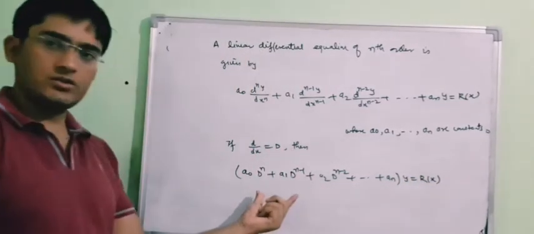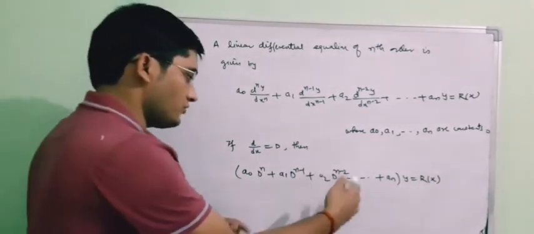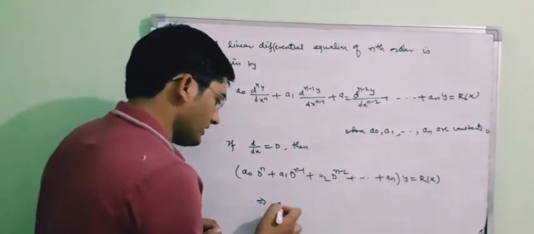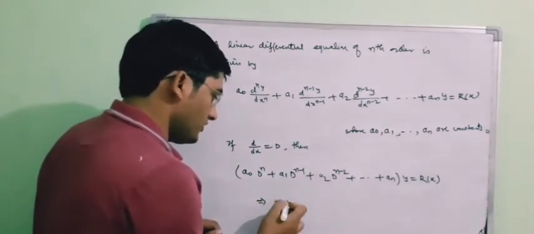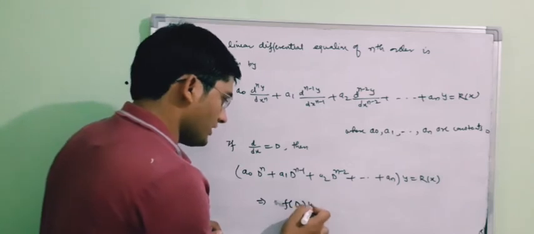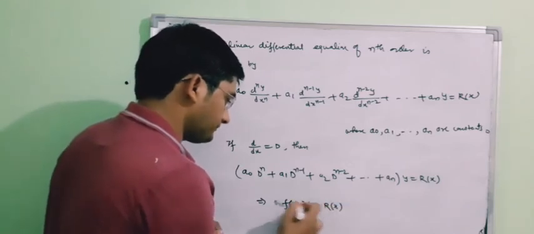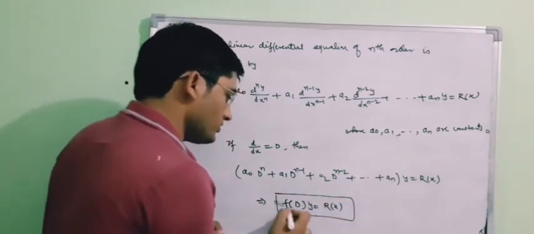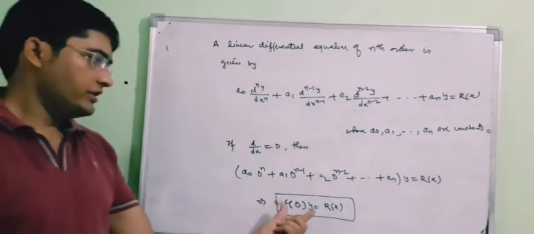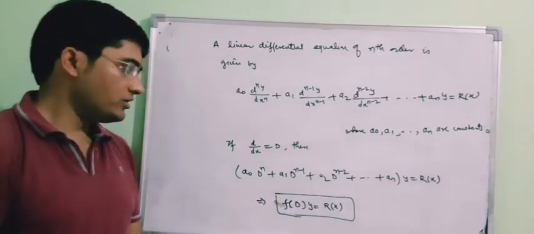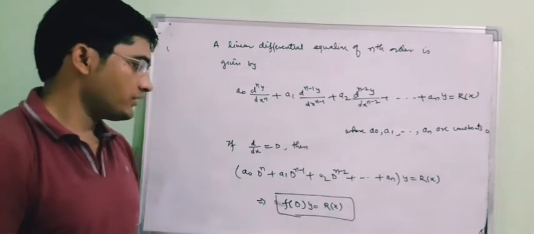This is a function of D, so we can write it as f(D) y equal to r(x). This is a linear differential equation of nth order with constant coefficients.